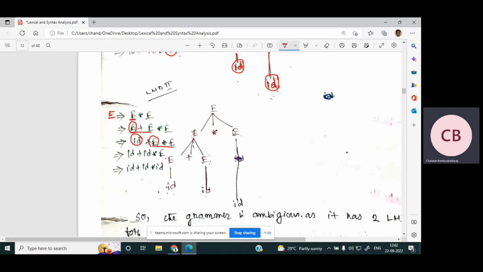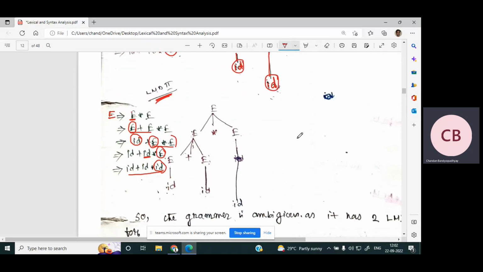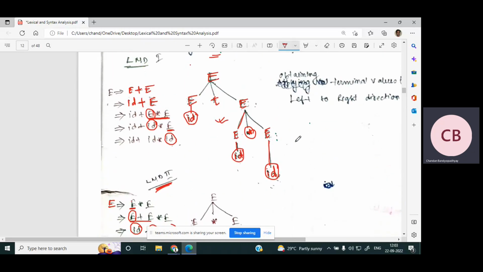The next variable was capital E, so that is expanded over here to ID. This capital E was left. Finally, this is expanded. So ID plus ID star ID is the final expression. That means another LMD we have obtained here. If we are obtaining two LMDs, that means definitely we will be obtaining two RMDs.